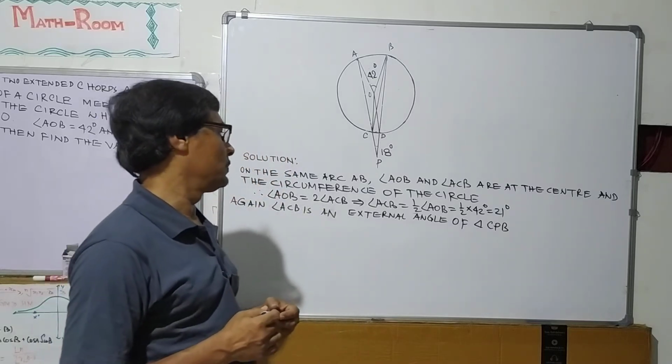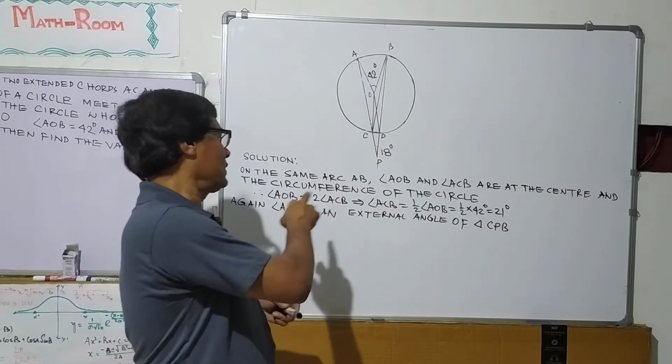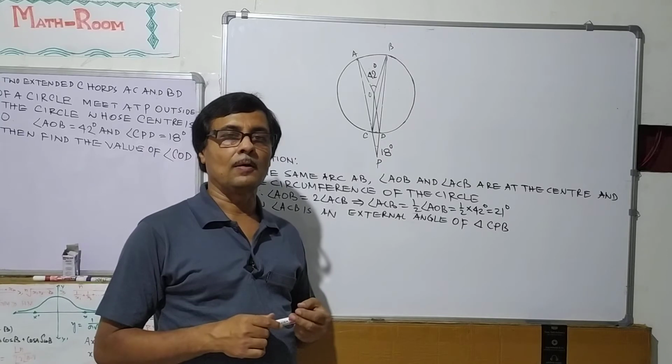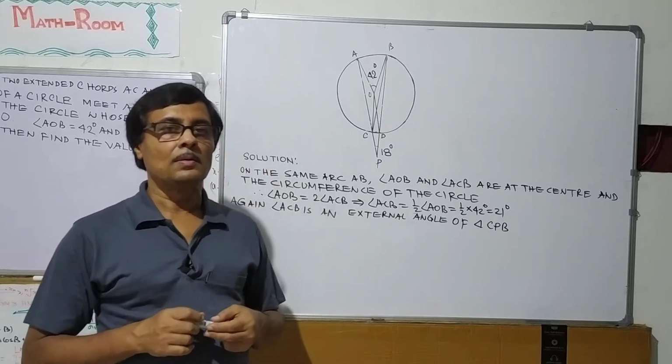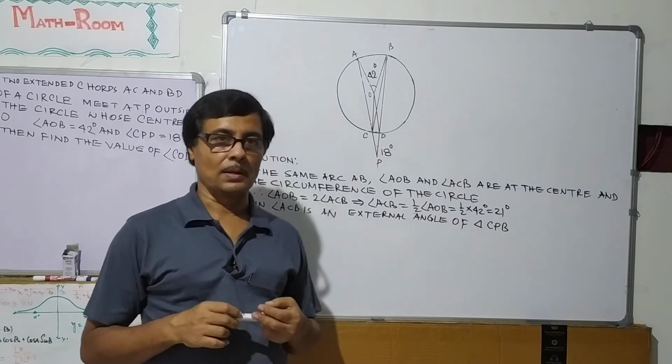This is the property of a triangle: the external angle of any triangle is equal to the sum of the two opposite internal angles.